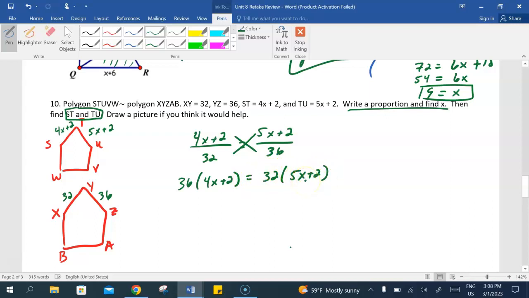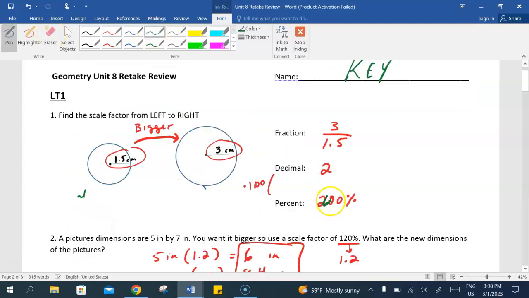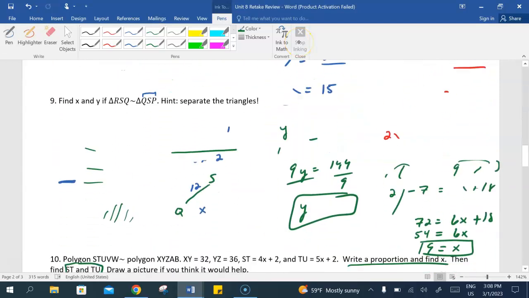Now this is a very, very long problem. You get 144x plus 72 equal to 160x plus 64. Always with the technical difficulties.